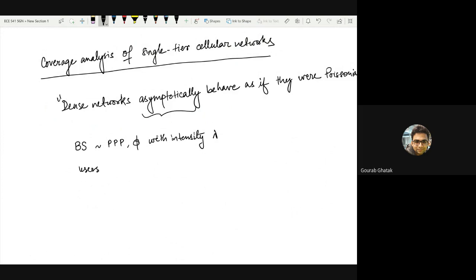For this calculation, we will not be bothered about how the users are located, but they also follow some kind of point process. Maybe Poisson point process, maybe not.